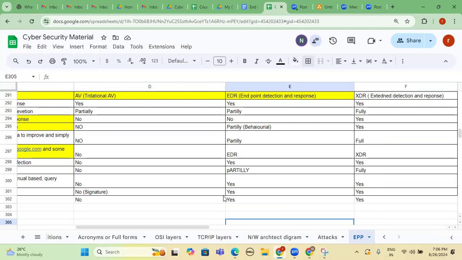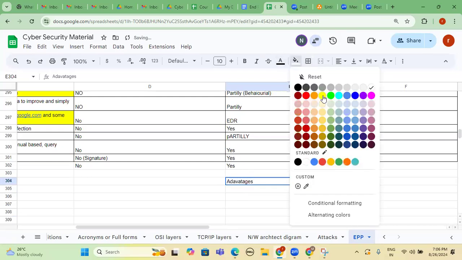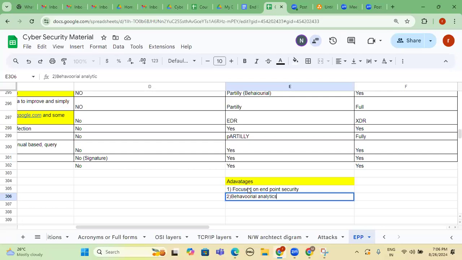So first we can discuss the EDR side. What are the pros or advantages I can say? First advantage of EDR is it is focused on endpoint security, endpoint detection and response. In the similar way, behavioral analytics or behavioral pattern, or machine learning capability or artificial intelligence capability.